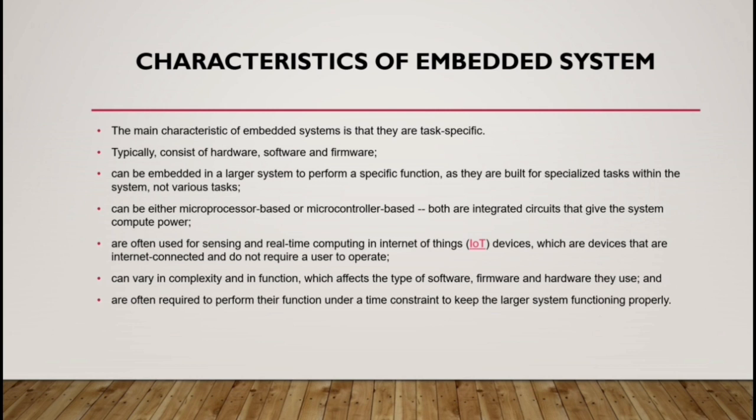Often, embedded systems can be used for sensing and real-time computing in the Internet of Things, which are Internet connected and do not require an operator. They can vary in complexity of functions, which often require software, firmware and hardware to perform their function under time constraints to keep the larger system functioning properly.